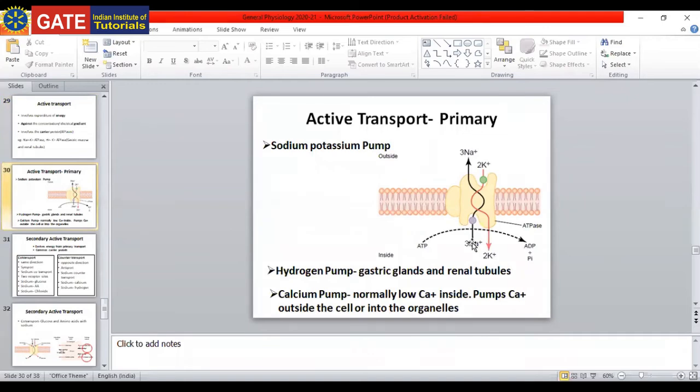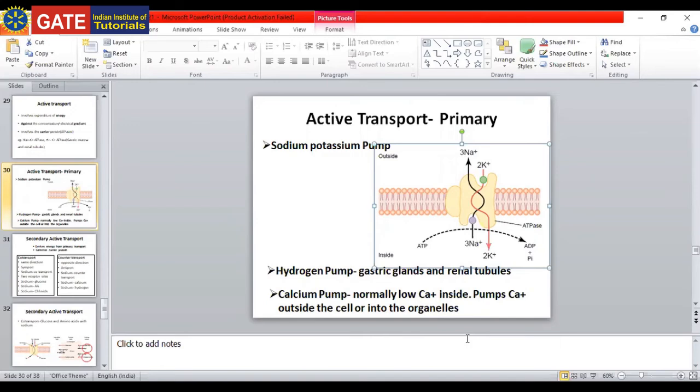Now, where is sodium more? Outside, ma'am. Good. So in active transport, where does the sodium have to move? Inside. Sodium has to move inside. Why?